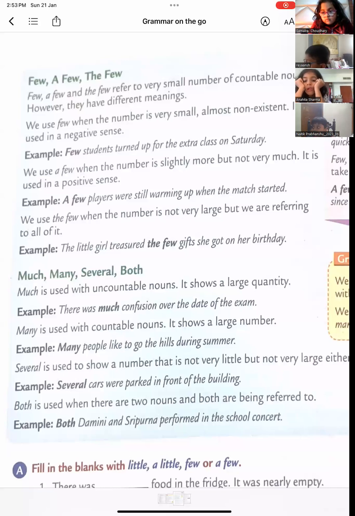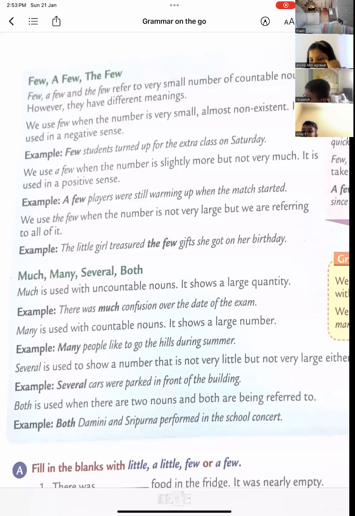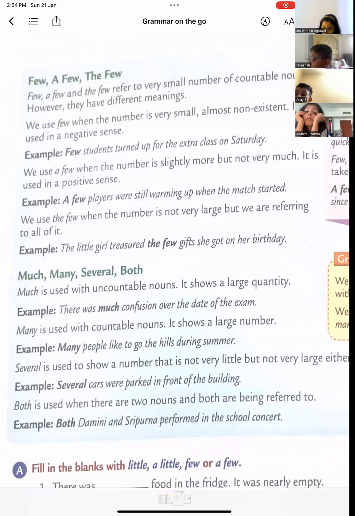No, ma'am. We don't have cousins. I have a cousin, but he is not in my house. But is he younger or elder to you? Elder. So what will you say? I have a big brother, or you will say I have an elder brother? I'll say I have an elder brother. But we always say I have a big brother, okay? Most of the time we make that mistake.